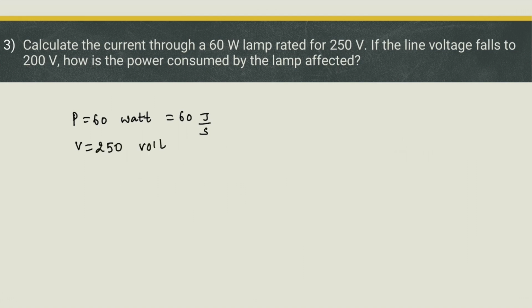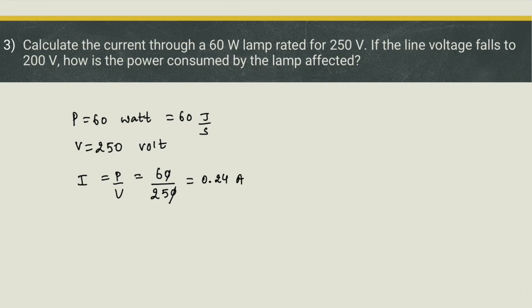Alright, that is the meaning when we say it is rated for 250 volt. So using this information of power and voltage, we can find current, that is P upon V. Power is 60, voltage is 250, 6 upon 25, 0.24 ampere. 0.24 ampere is the current.